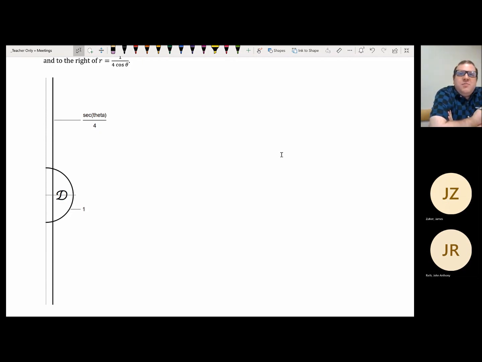So we need to describe this region in polar. What are the bounds for r?